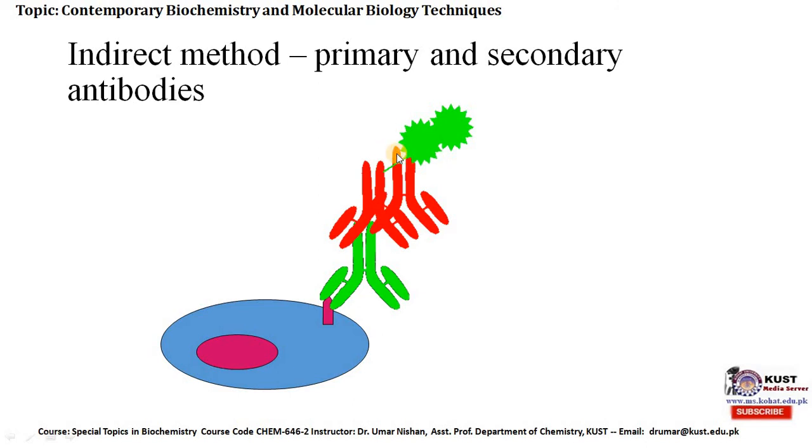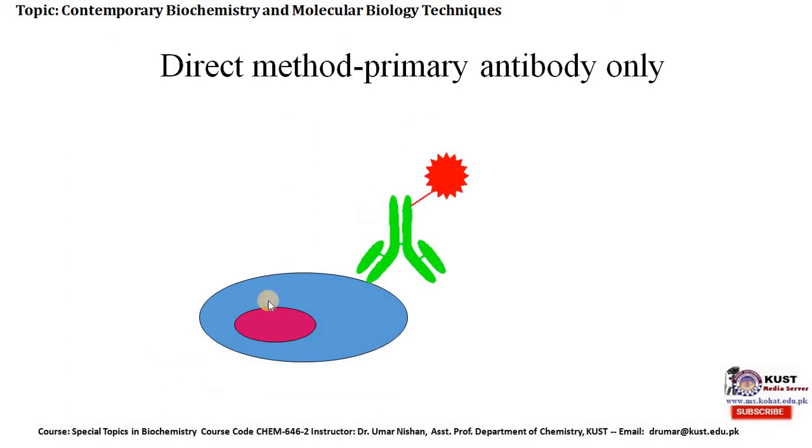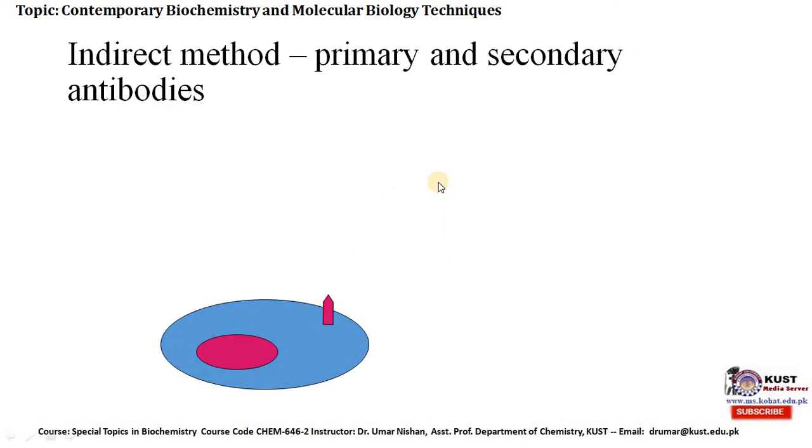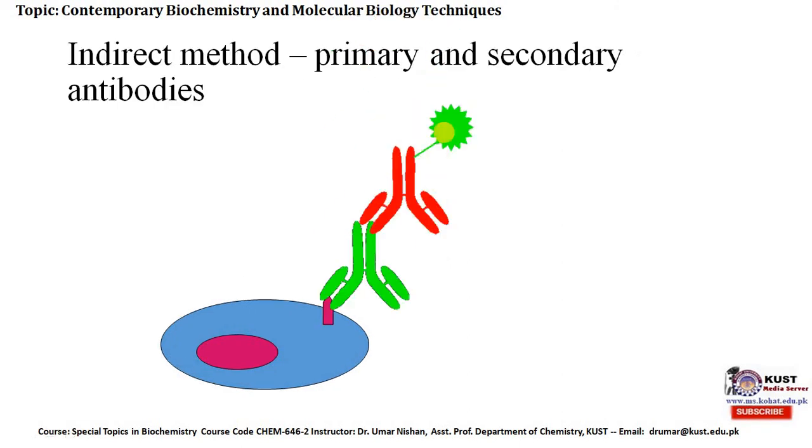These two slides summarize the overall process of how immunohistochemistry can be conducted. It can be done through direct means, like I showed you here, in which the material was attached directly to the primary antibody, or in this case, where the fluorescent material is attached to the secondary antibody, and we get better fluorescence.